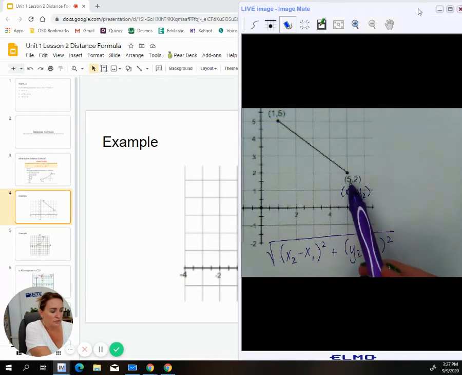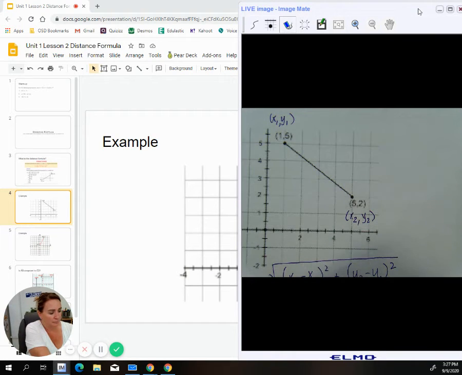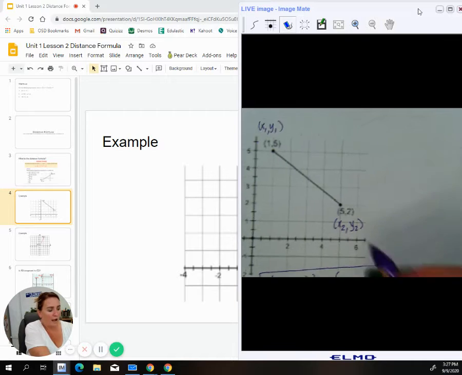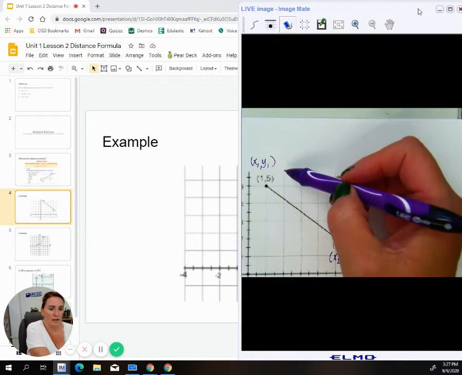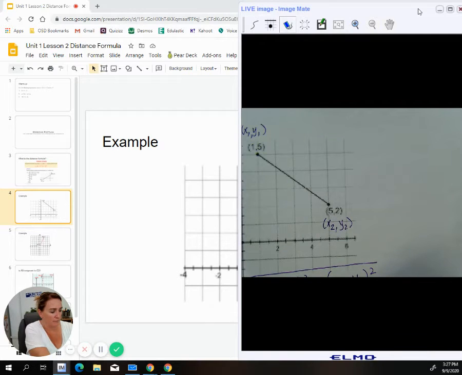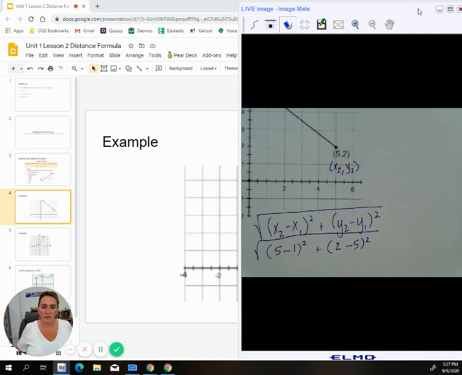So x2 is 5, x1 is up here and it is 1, y2 is down here, it is 2, and y1 is 5. And I always like to go through and write everything in before I go through and do any simplifying. It's just nice to see the original problem.